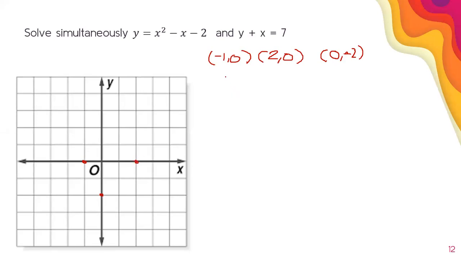And the turning point, a half comma negative 2 quarter. So a half is around here, and negative 2 quarter, yeah, around here.